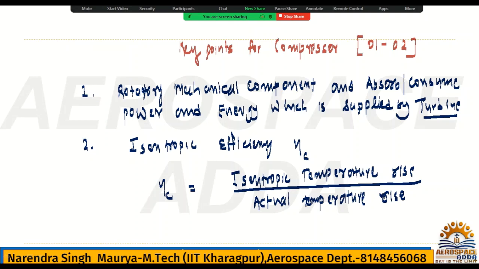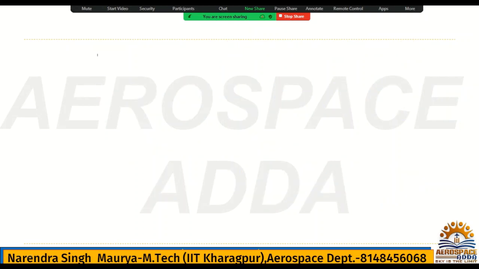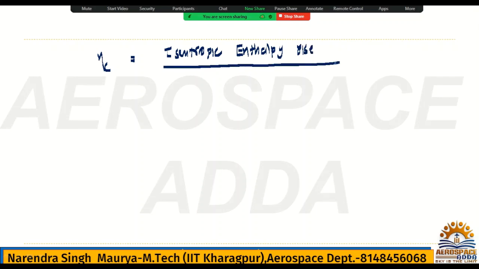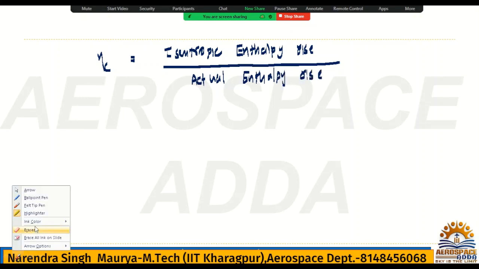One more thing, don't get confused. Sometimes in a few books it is given in terms of enthalpy: isentropic enthalpy rise divided by actual enthalpy rise. But the meaning is the same. Enthalpy or temperature, both are the same thing.